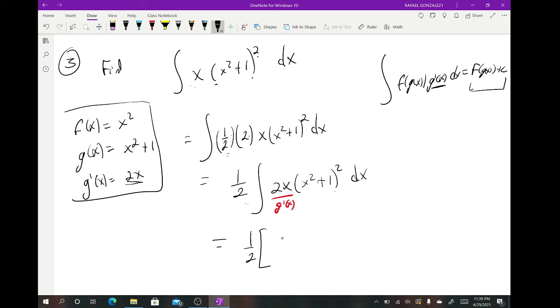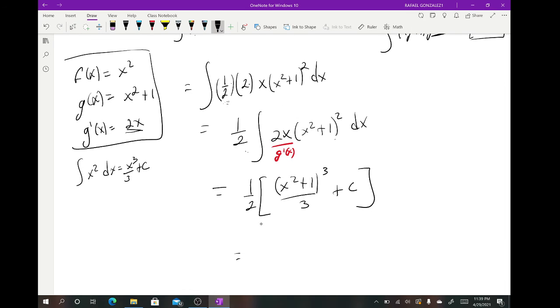Well, the antiderivative is going to be, again, x cubed over 3, because the antiderivative of x squared dx is equal to x cubed over 3 plus c. So it's going to be equal to x squared plus 1 cubed over 3 plus c, much like we had in the previous problem, which is equal to, when you multiply, x squared plus 1 cubed over 6, because 2 times 3 is 6, plus c.